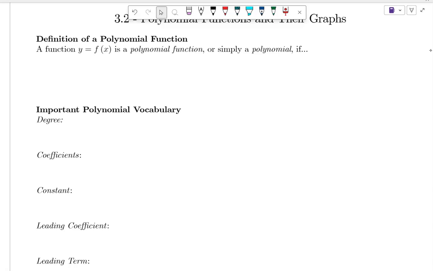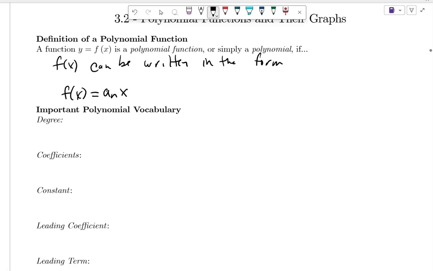So the way we get a polynomial is if f of x can be written in the form, we usually write it as a sub n x to the n plus a sub n minus 1 x to the n minus 1 plus ... a1x plus a0.